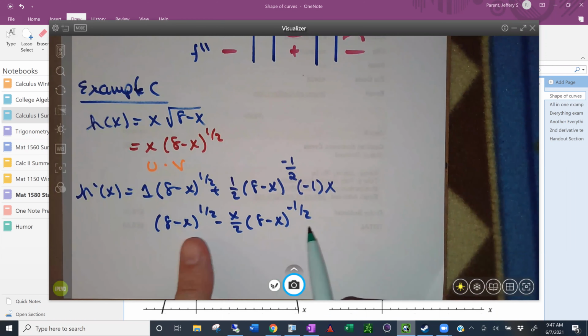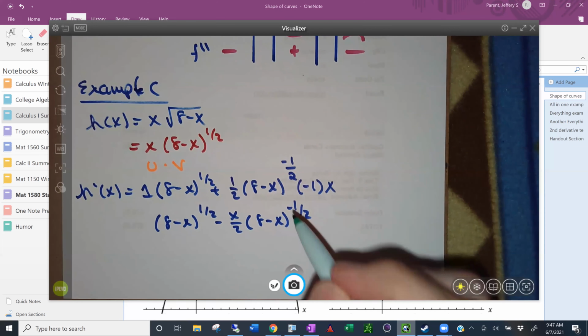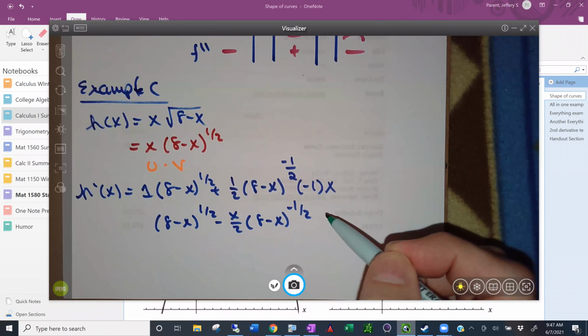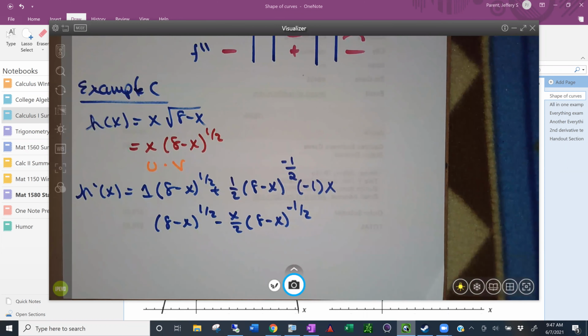When you're working with something like this, you want to factor out the largest negative exponent. Now in this case, there's only one. When you do problem 30 in section 4.5, there's going to be 2. But for now, there's only 1. So I want to factor out that term. So I'm going to factor out 8 minus x to the -1/2.